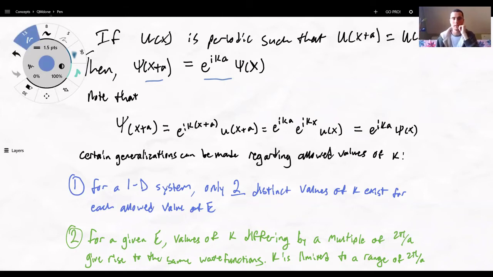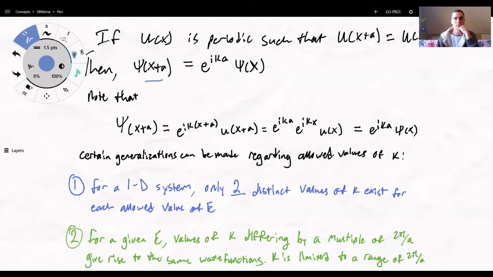Psi(x + a) is equal to e^(ik(x + a)) times the potential energy of x plus a, which is equal to this. If you combine these two, you'll get this function here. Not super complicated, not super important, but just in case you were wondering how this comes about, this is the equation that lets that happen.